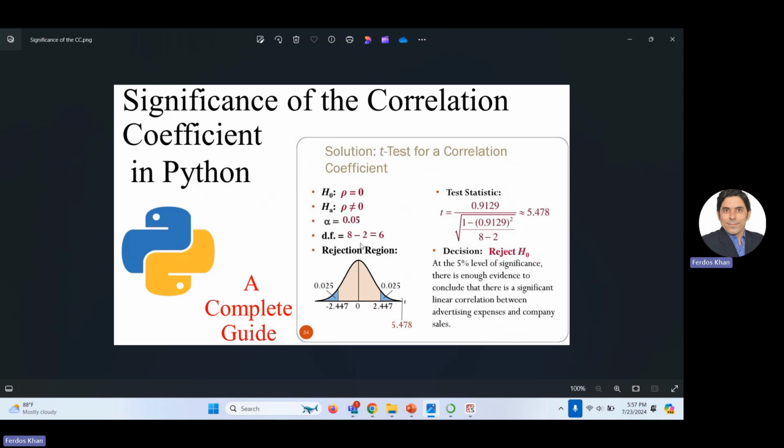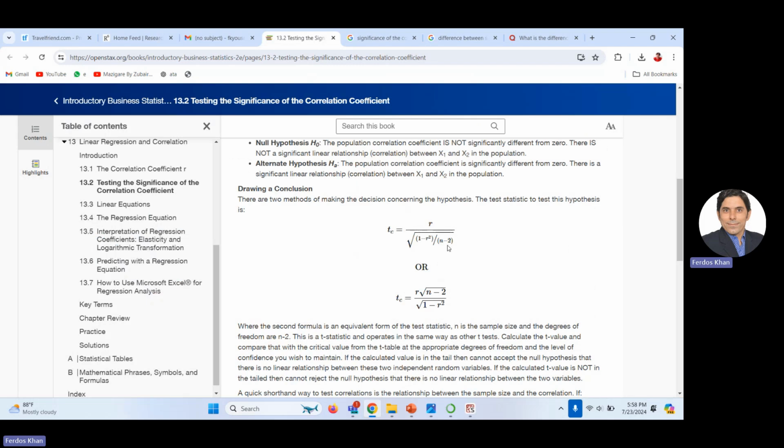The degree of freedom is the parameter in the t test. Alpha is equal to this one, and the degree of freedom is equal to 6, that is 8 minus 2. You already know that the degree of freedom is n minus 2.